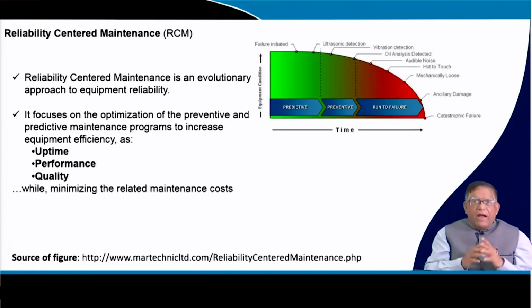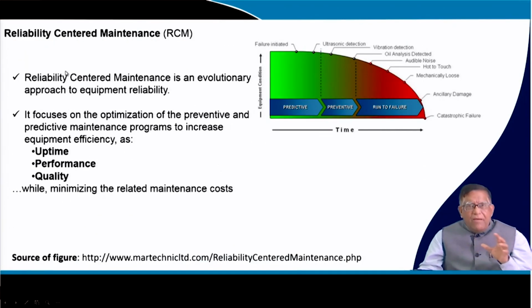Then you will find that reliability centered maintenance is another approach, where you calculate the reliability, that is, whether you will reliably get the uptime, performance and quality or not.